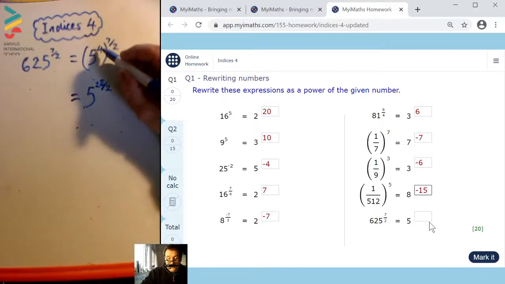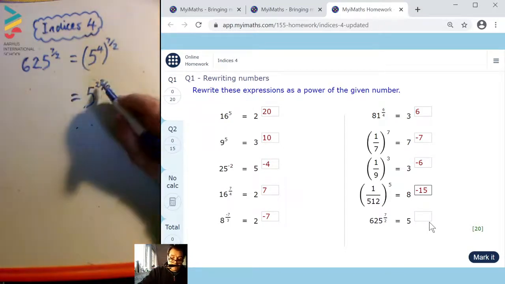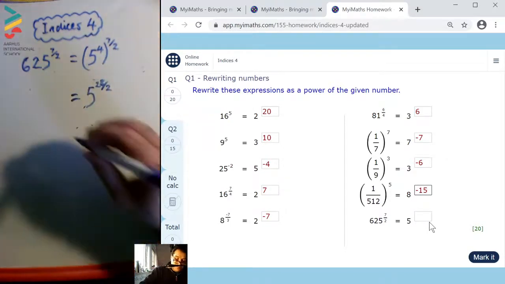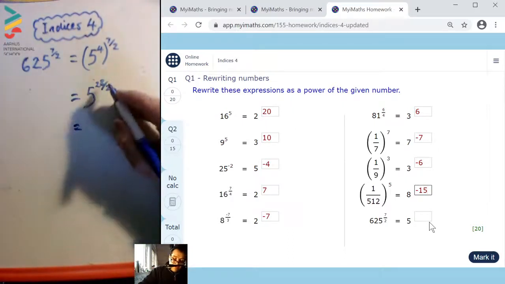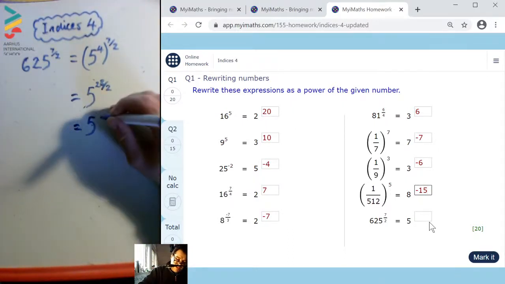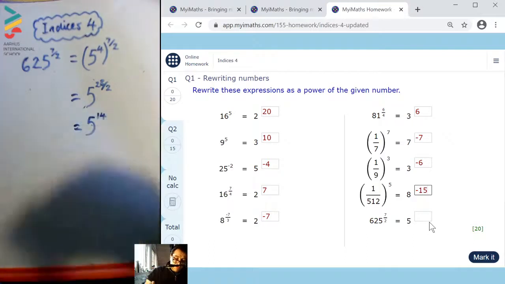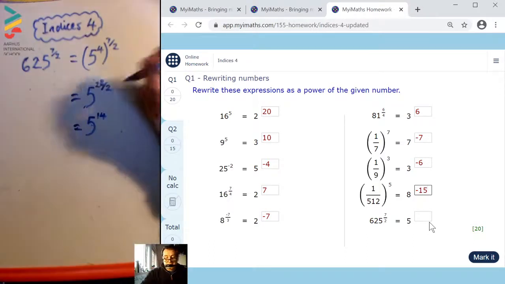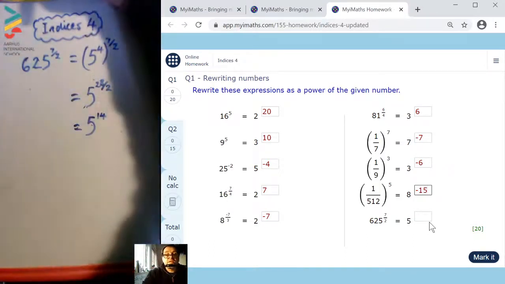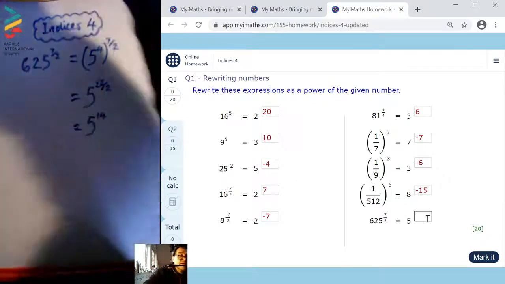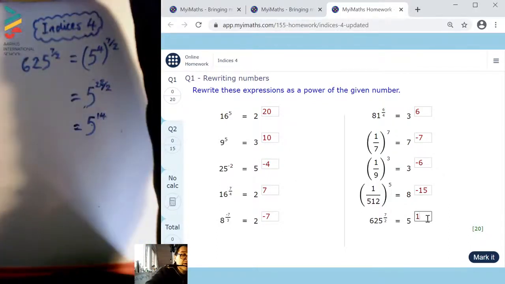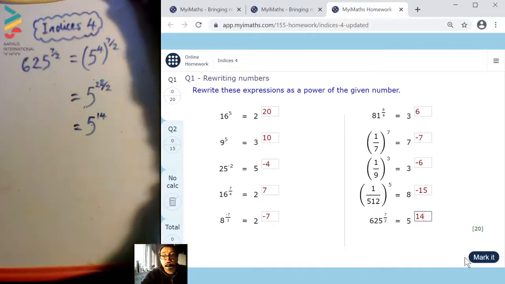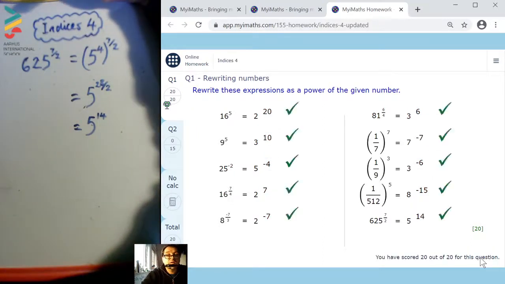Remembering with fractions, a fraction multiplied by a number, you're just multiplying on the top. So 5 to the power of 28 over 2, which is the same as 5 to the power of 14, because 28 divided by 2 makes 14. So I'm just going to fill in a 14 on there, and we'll mark it.